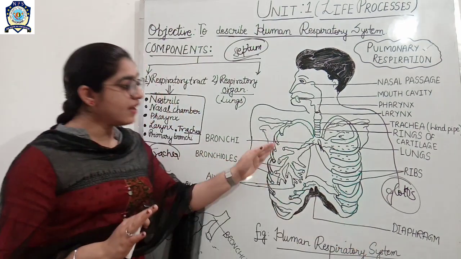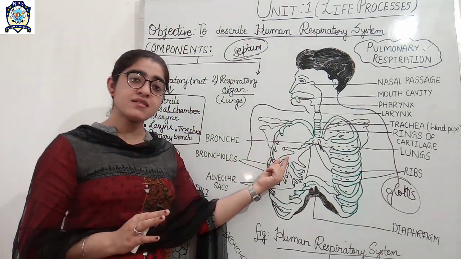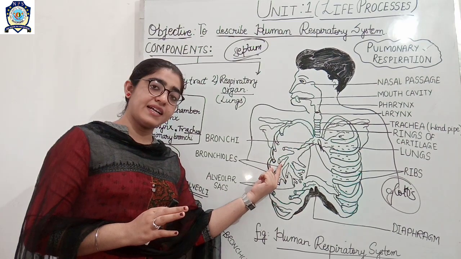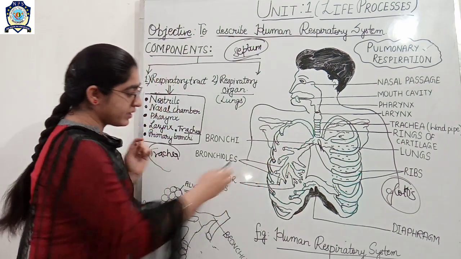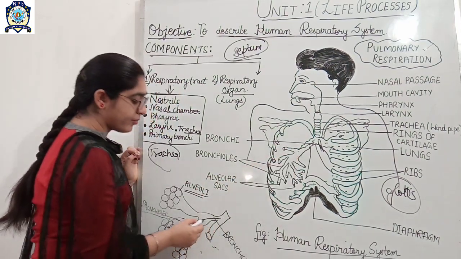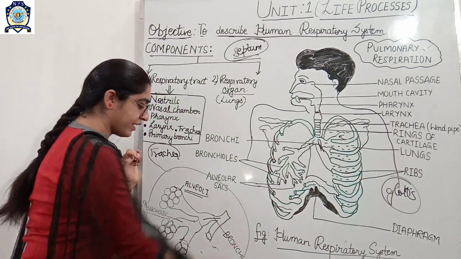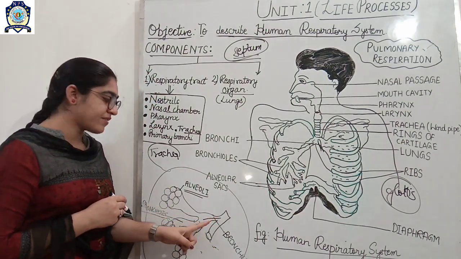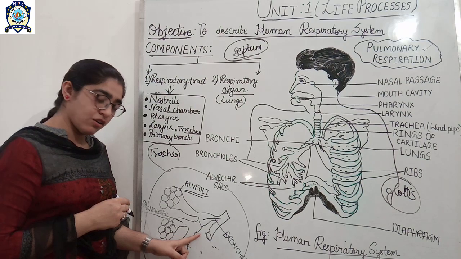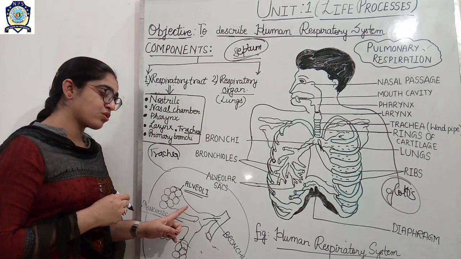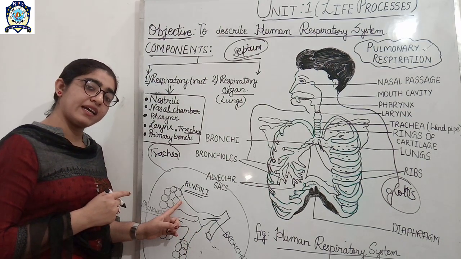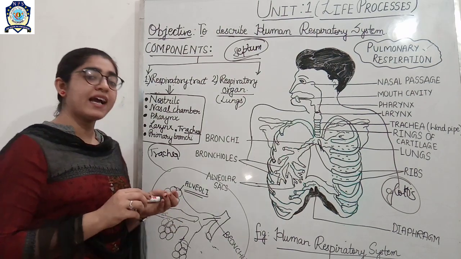Okay, so in the lungs, the primary bronchus divides. So what happened? You may see here, this one is a primary bronchus. Separately, I have drawn here. Primary bronchus divides to form bronchiole. Bronchiole divides to form alveoli. So alveoli क्या होता है?